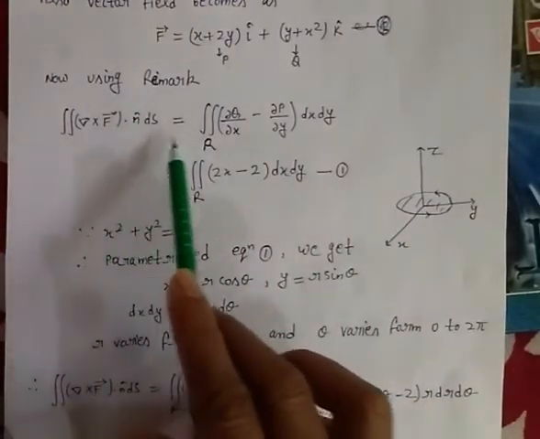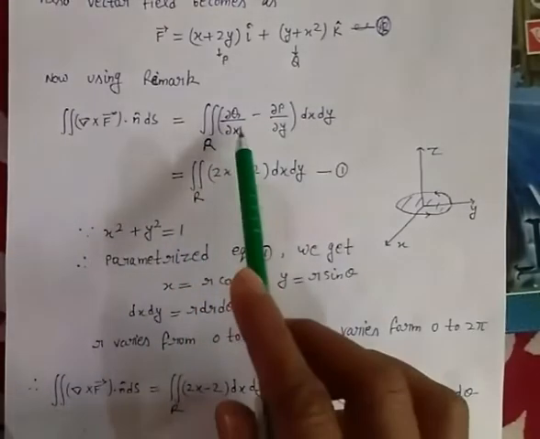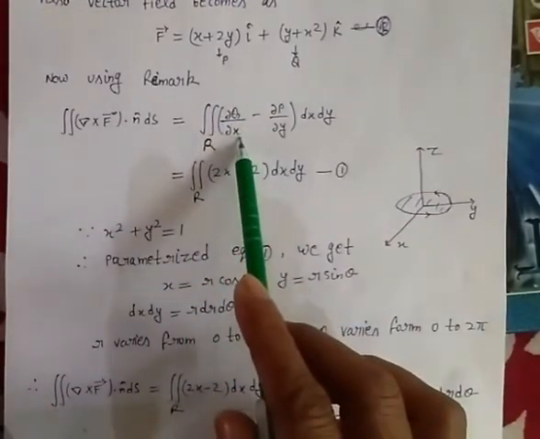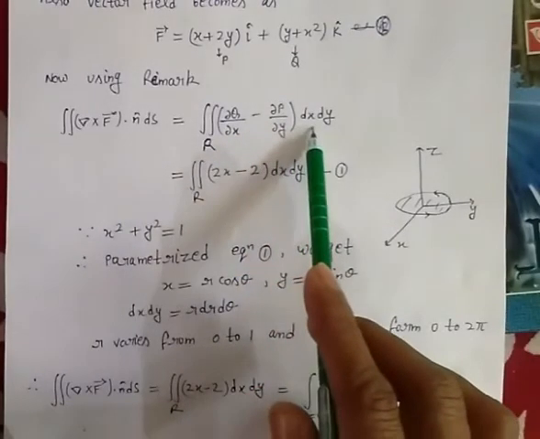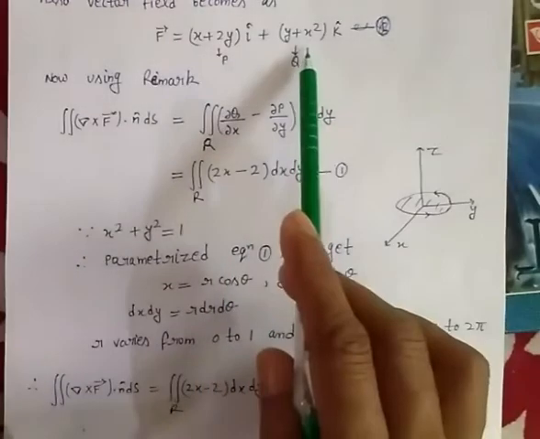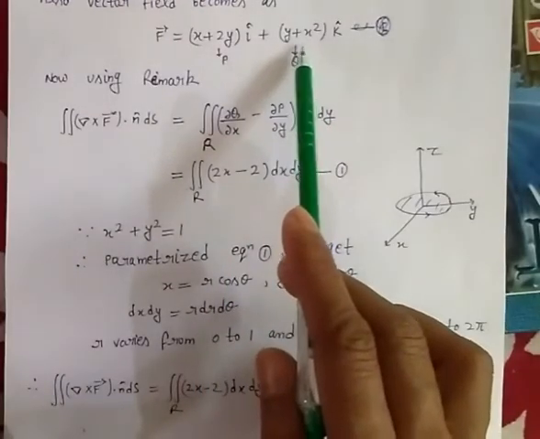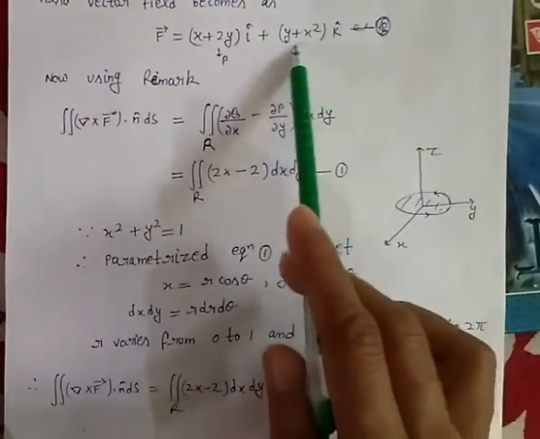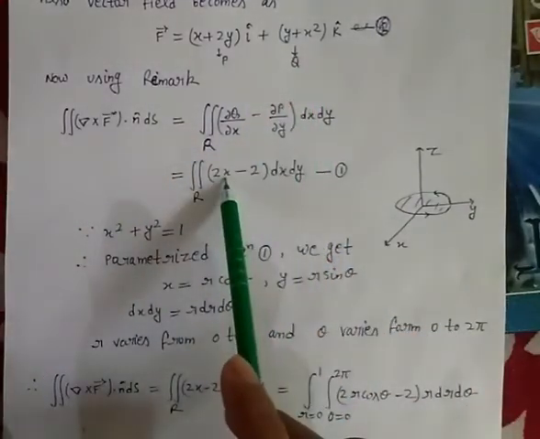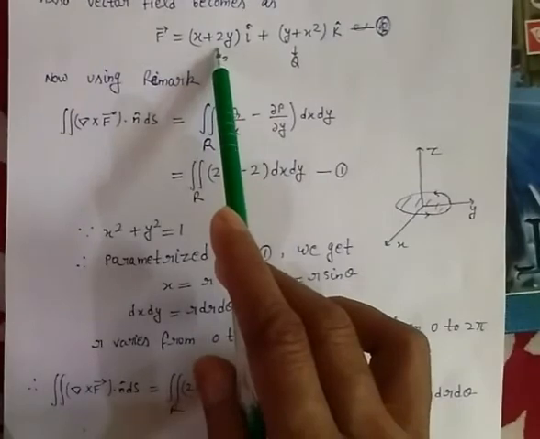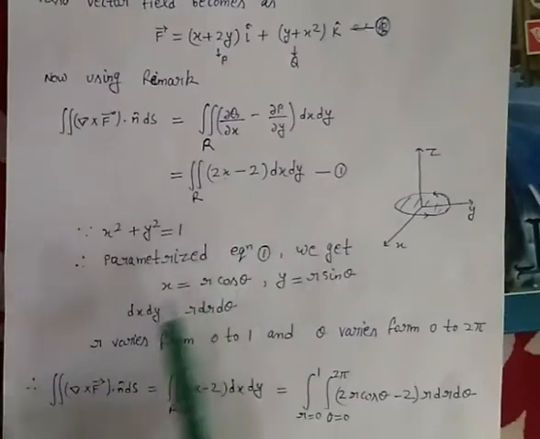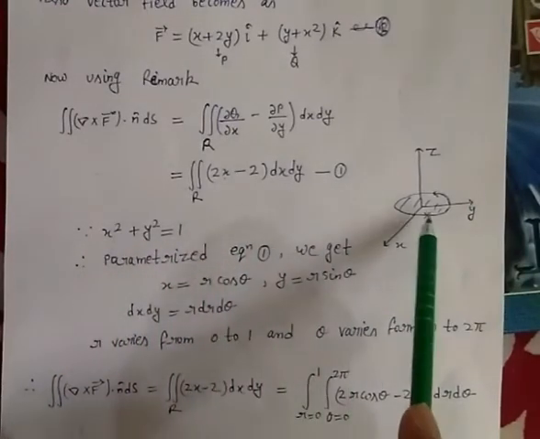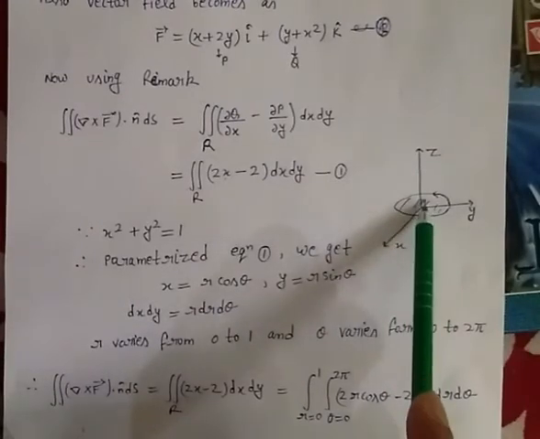Using the remark, we get the integral of partial derivative of Q with respect to x minus partial derivative of P with respect to y, dx dy. The partial derivative of Q with respect to x gives 2x, and the partial derivative of P with respect to y gives 2. And x square plus y square equal to 1 is our desired surface.